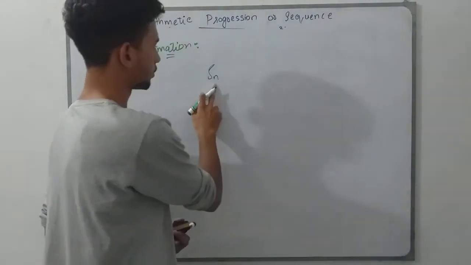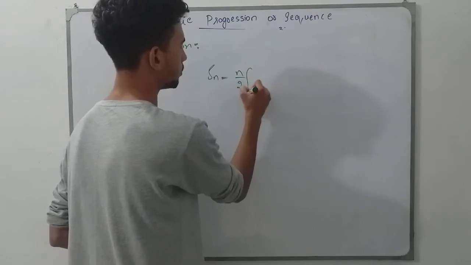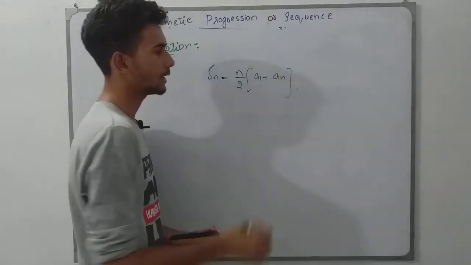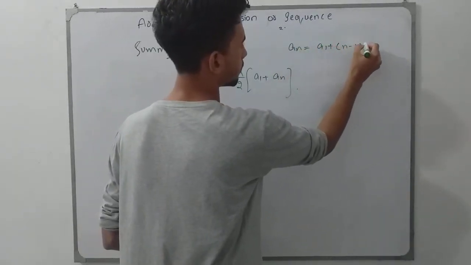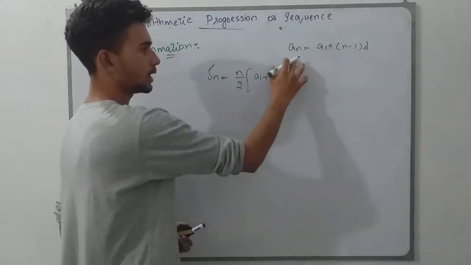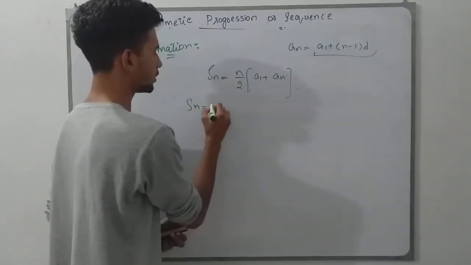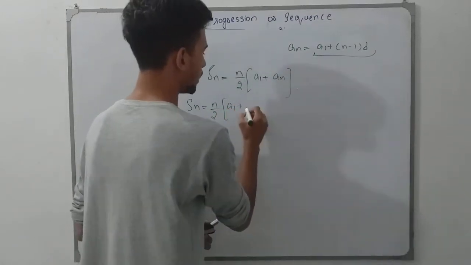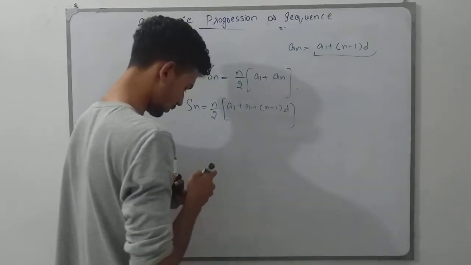So for a finite series, Sn is n divided by 2 times (a1 plus an), and as I said, an is equal to a1 plus (n minus 1)d. So I can plug in this for this. So Sn is equal to n over 2 times (a1 plus a1 plus (n minus 1)d).